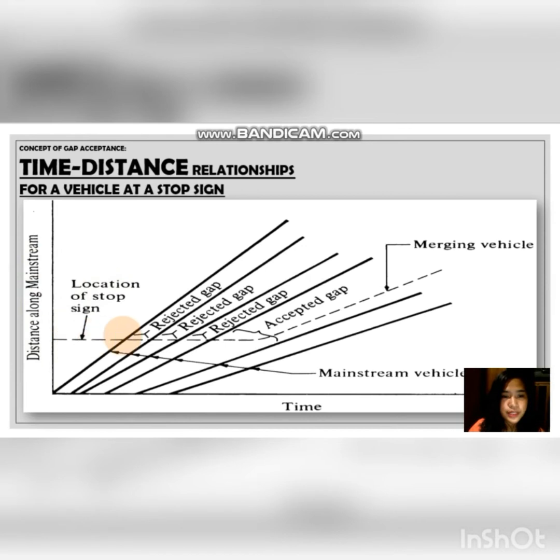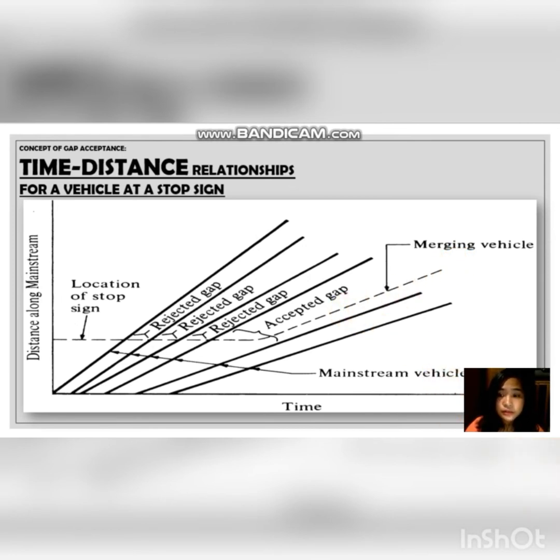Next, let us discuss the time-distance relationships for a vehicle at a stop sign. For our X-axis, we have the time, and on the Y-axis we have distance along the mainstream.